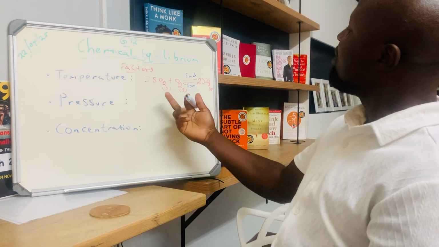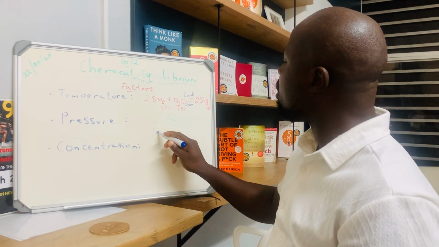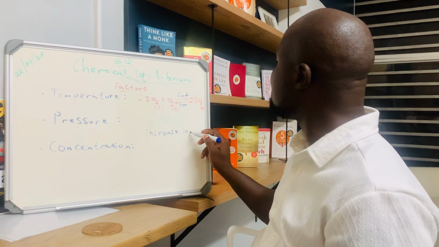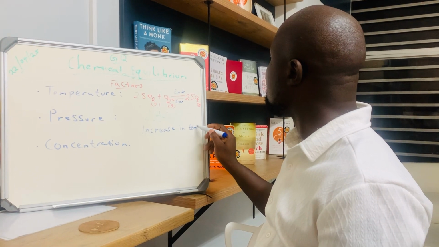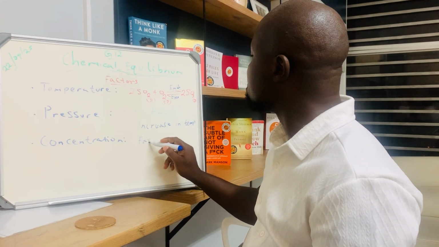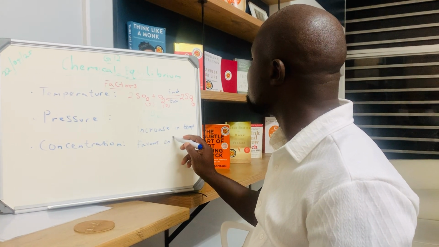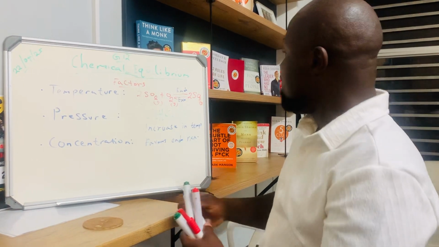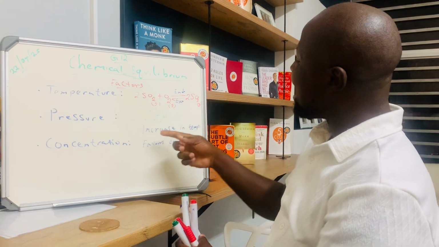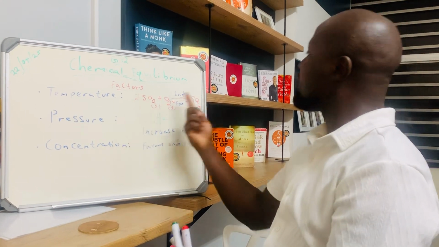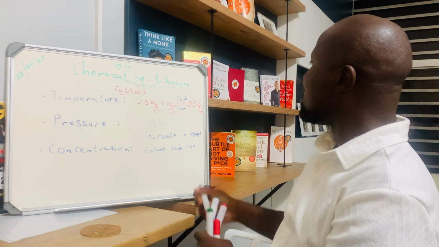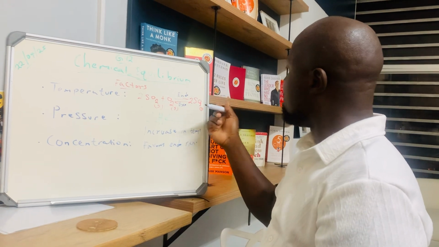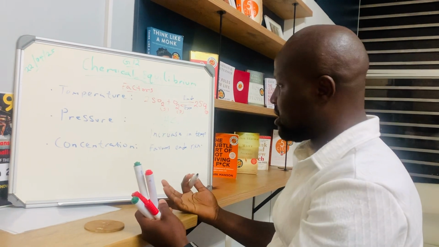And that is it. If it's endothermic, it means an increase in temperature, if it is the disturbance, favors the endothermic reaction. Increase in temperature favors endothermic reaction. If there is an increase in temperature of this system, the exothermic reaction will be favored in order to decrease the temperature.